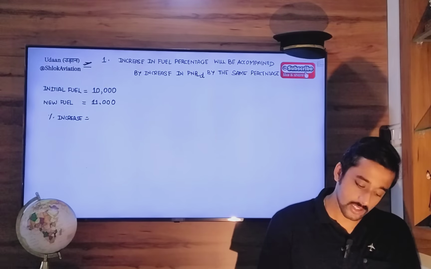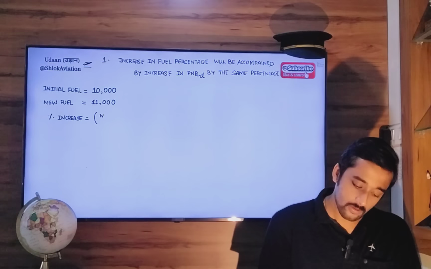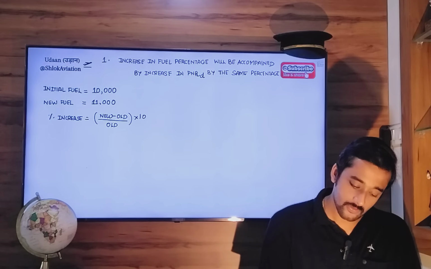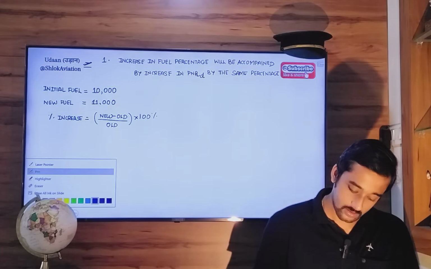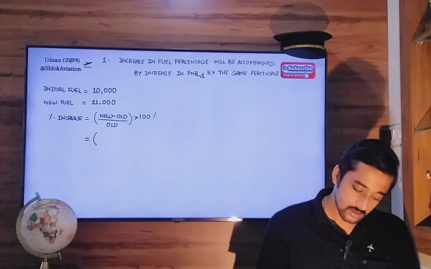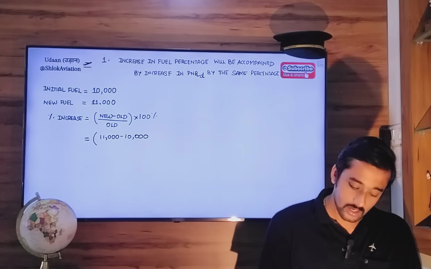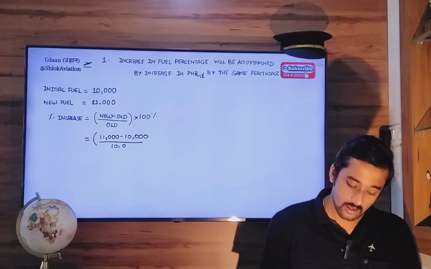Percentage increase equals new minus old, divided by old, into 100. 11,000 minus 10,000 divided by 10,000 into 100.